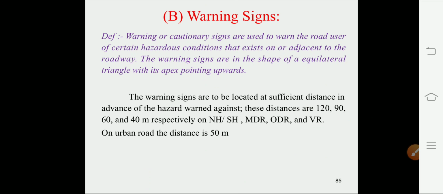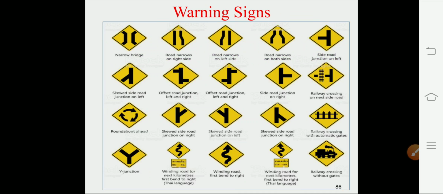They are to be located at sufficient distance in advance of the hazard warned against. The distances are 120, 90, 60, and 40 meters respectively on national or state highway, major district road, other district road, and village road. On urban roads, the distance is 50 meters.